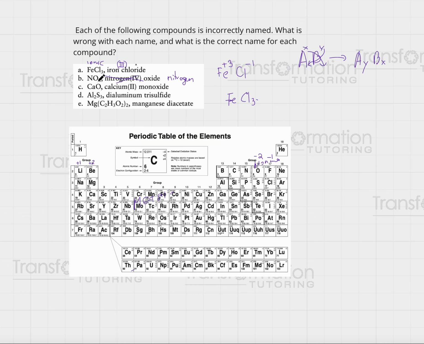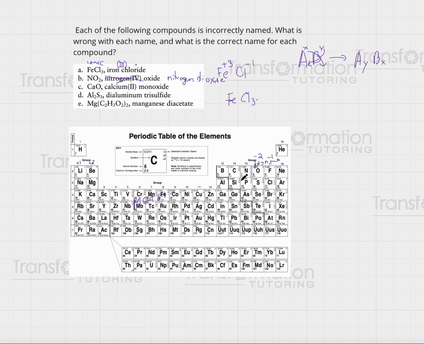Now the second element is oxygen, ending in ide, so we have oxide, but there are 2 of them. We have to use the prefix for 2, which is di. So this should be nitrogen dioxide. Nitrogen dioxide, that's the covalent naming. By the way, covalent naming is much easier than ionic. There you go.